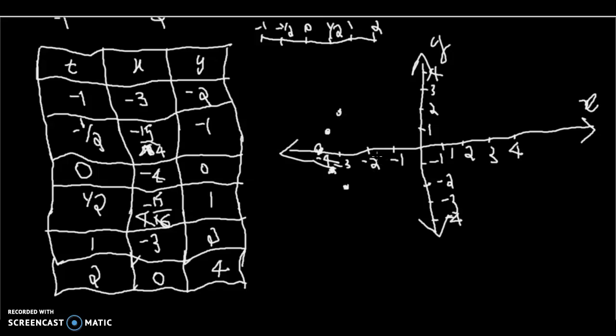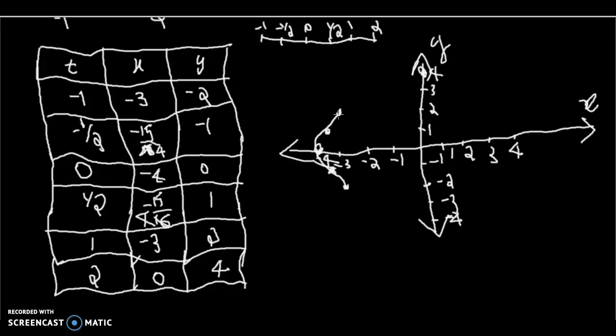For 2, that is 0, 4. So our curve starts from here. These are the points corresponding to minus 1, minus 1 by 2, 0, 1 by 2, 1, and 2.